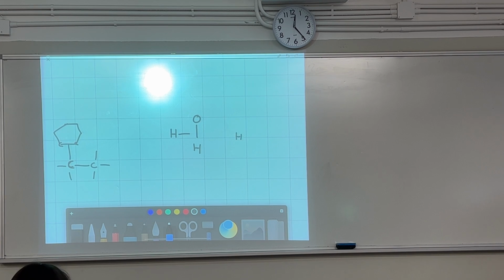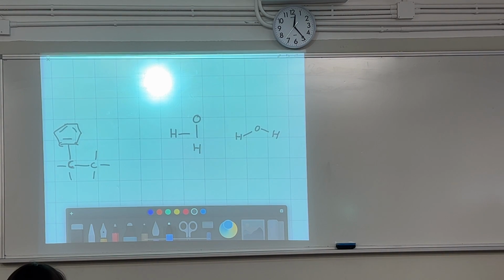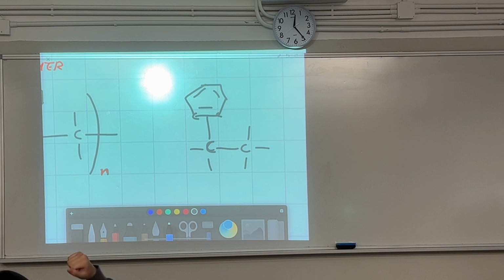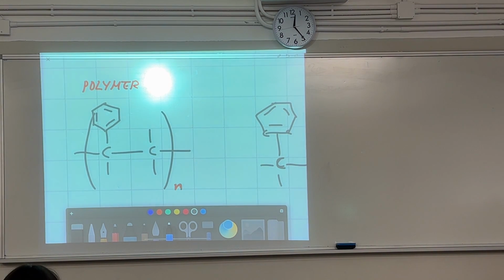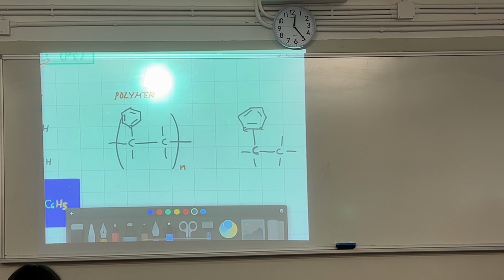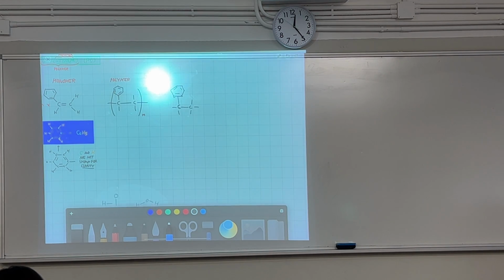This is not H2O. Whenever you draw a bond, it must be drawn between atoms, right? So this is why when you draw the benzene ring, you cannot draw it like that, as it doesn't make sense at all. You have to draw it with the carbons, like a carbon bonded to a carbon in the benzene ring. You get what I'm saying? Okay. So that's the benzene structure.